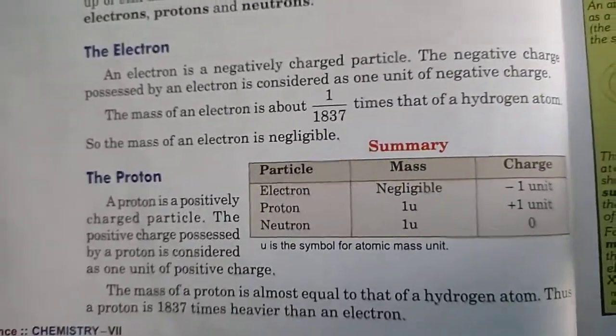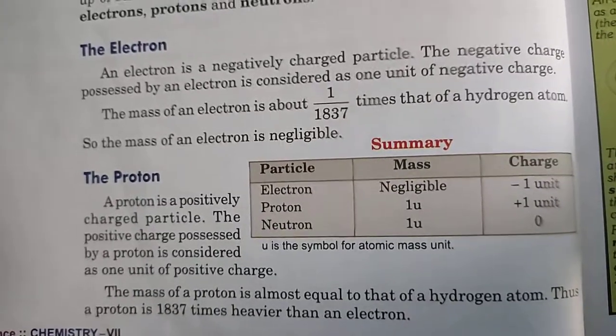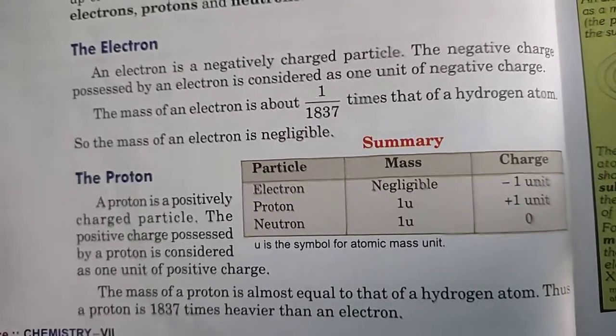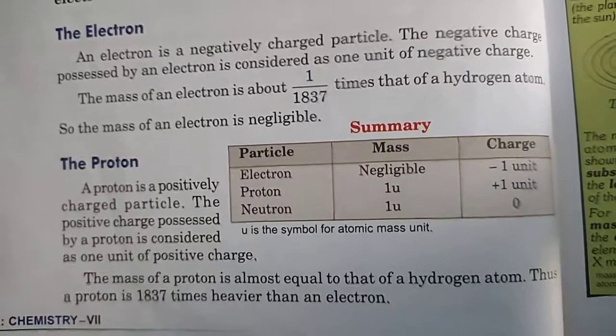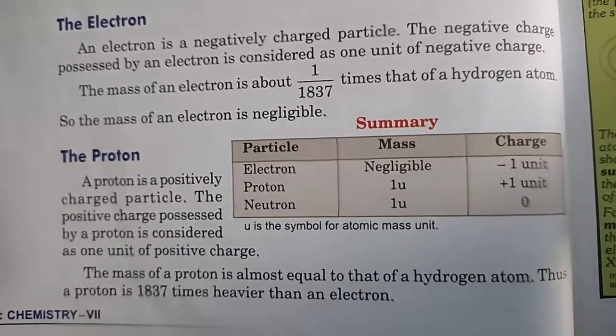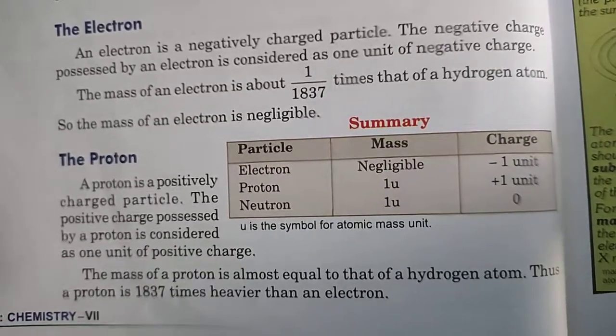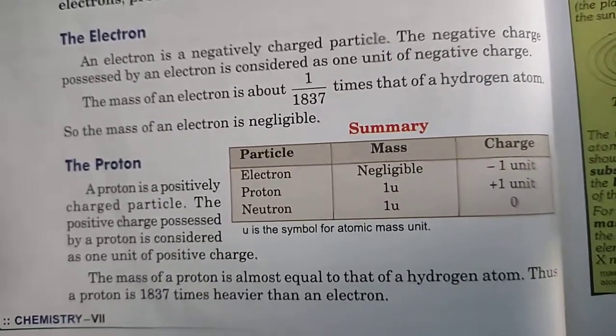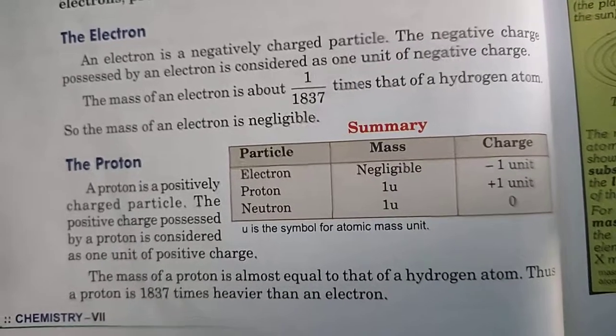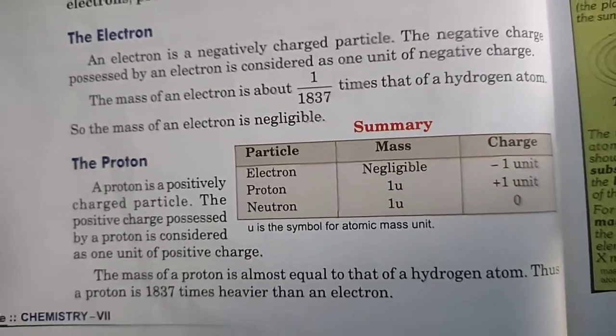Now proton. Proton is a positively charged particle. Proton possesses positive charge and is considered as 1 unit of positive charge. The mass of a proton is almost equal to that of a hydrogen atom. So the proton is 1837 times heavier than an electron. It is heavier.